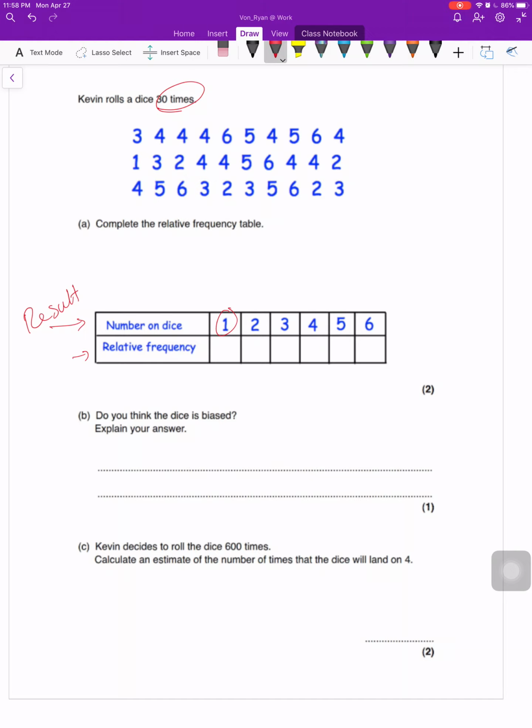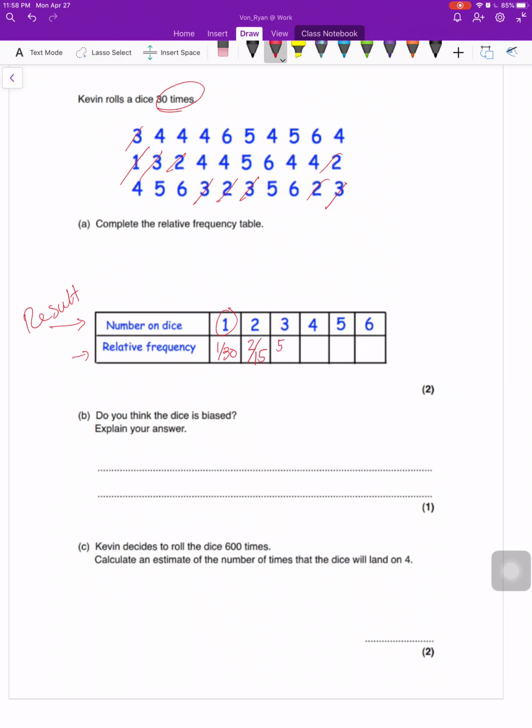and if we count that, we just have 1 out of 30. 2 will give us, how many 2's do we have here? 1, 2, 3, 4. That's 4 over 30, so that's going to be 2 over 15. 3, let's see, 1, 2, 3, 4. Did I miss anything? 5, okay.